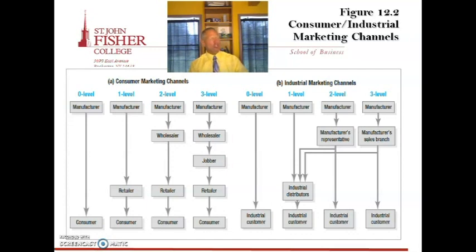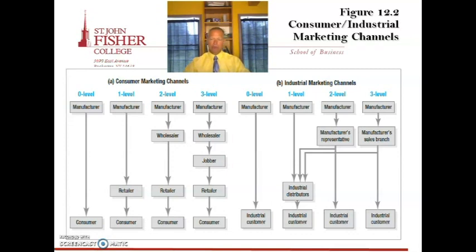HMS is a huge healthcare distributor. And then you can go from manufacturer to manufacturer's representative to an industrial distributor. So a manufacturer's representative might be, and you can make a lot of money doing this, I had a colleague in Cincinnati, Ohio, that repped a very high-end microscope.